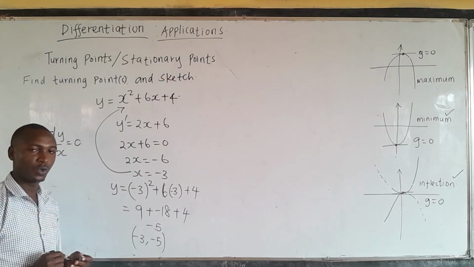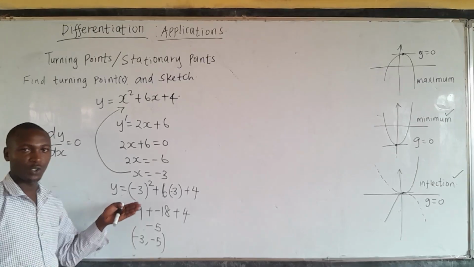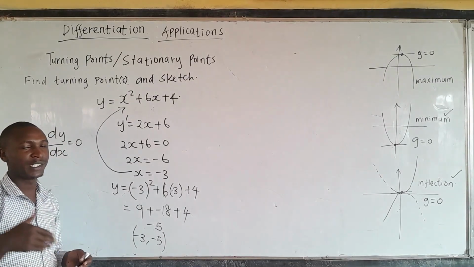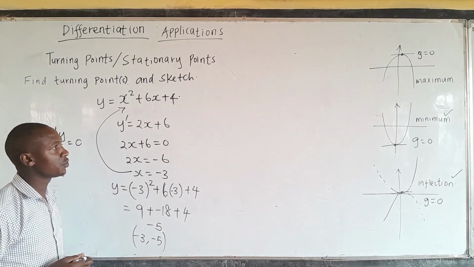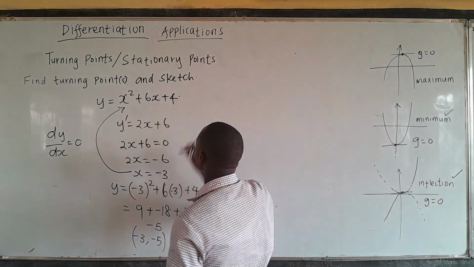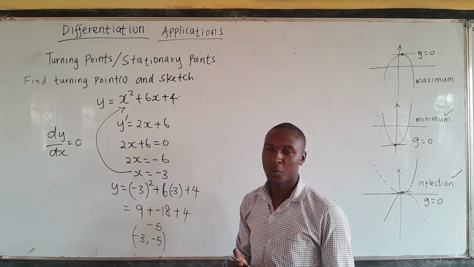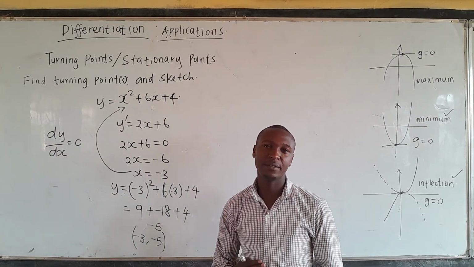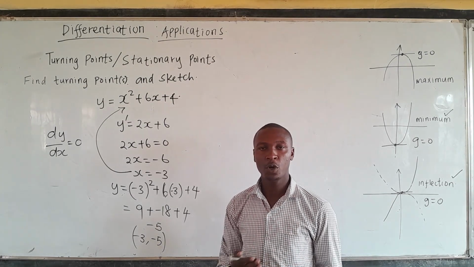So that is the stationary point. The next thing we need to know is, does it open upwards or does it open downwards, or is it an inflection? For us to do that, there are two ways of doing that. First way, we can use the second derivative to determine whether it is a maximum or a minimum.